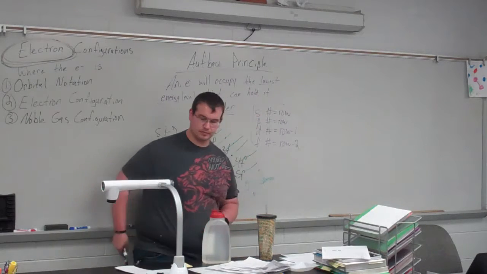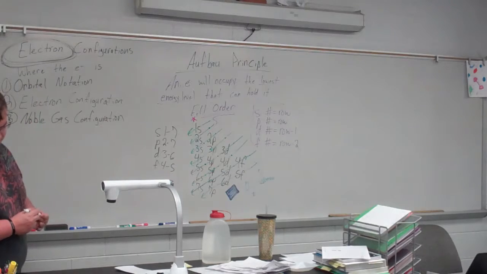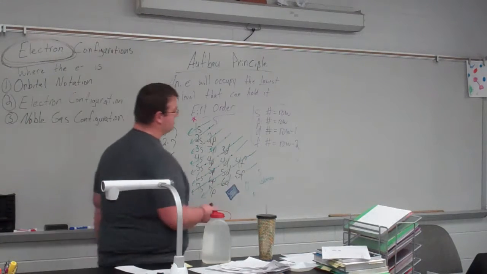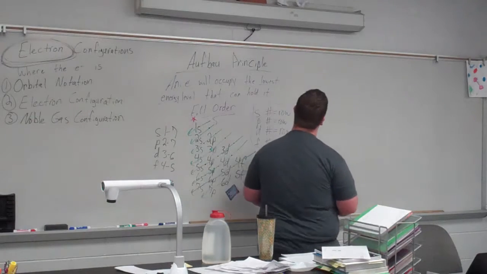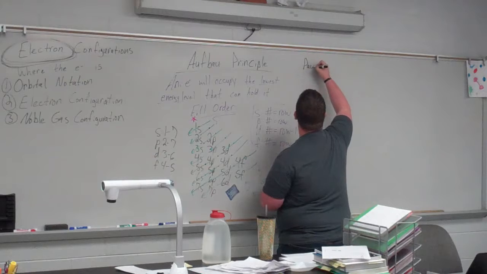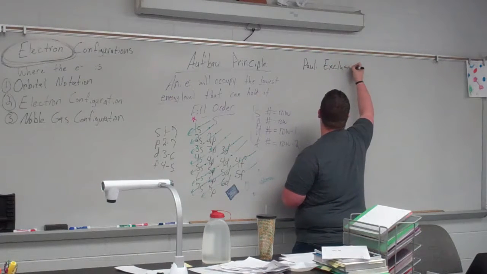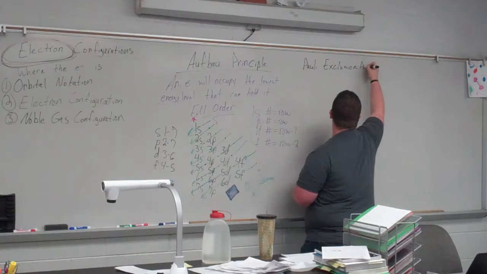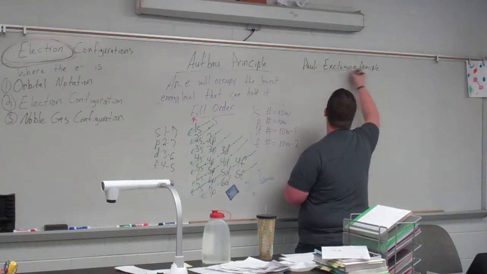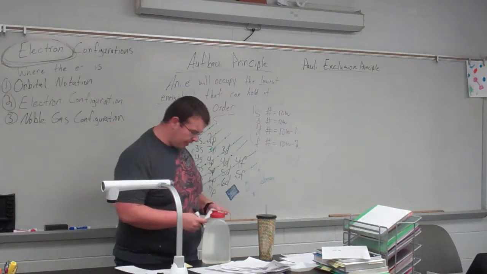Okay? So in this we have 2 more rules. So we have the Pauli exclusion principle we still talk about. The Pauli exclusion principle states something that's not going to make sense to you right now, but will later on.